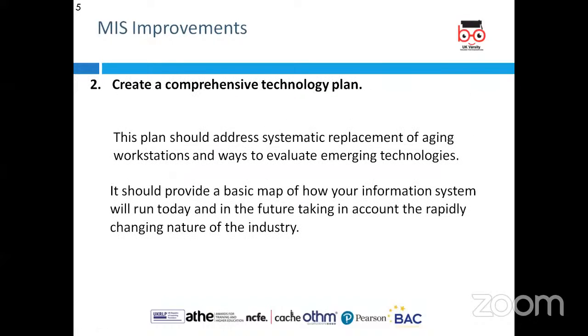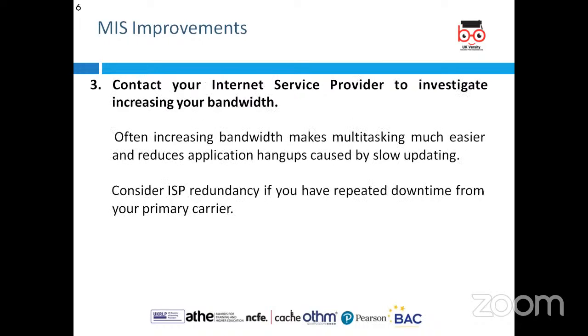Okay. Also, another good way to improve our MIS would be through creating a comprehensive technology plan. As I mentioned, by having a good workflow on the plan, we will make it easier for each department to communicate with each other and effectively perform. Also, we can contact our internet service provider for investigating the increase of the bandwidth.